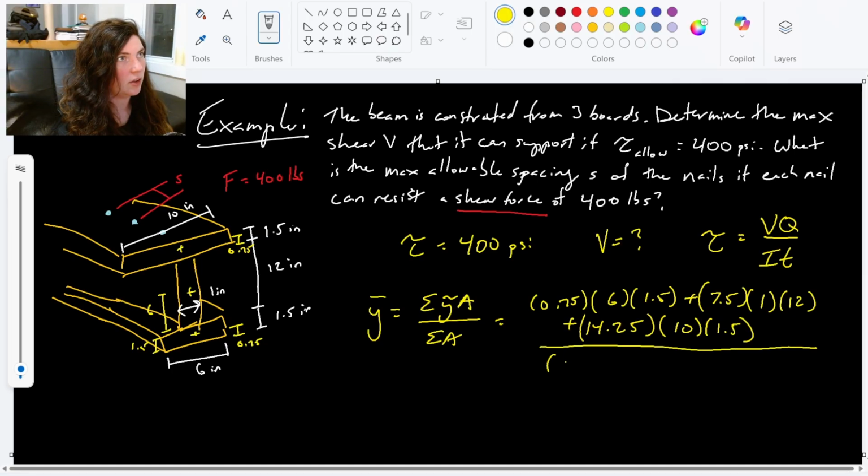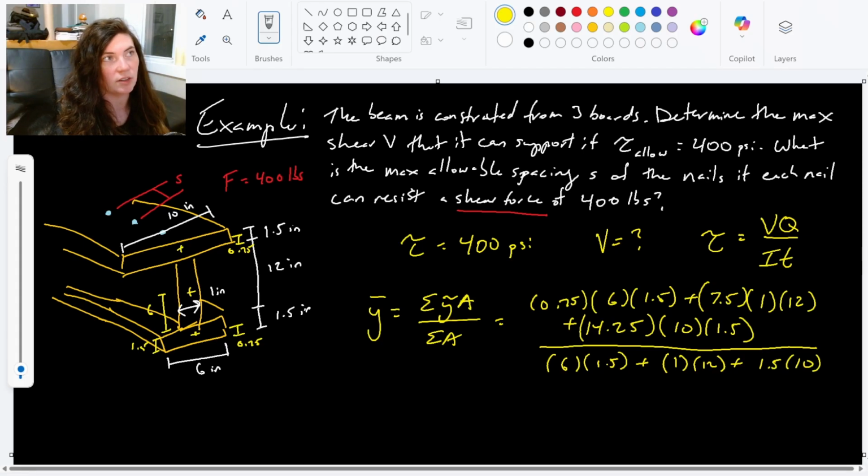Divide all of that by all the areas. 6 times 1.5 plus our center is 1 times 12 plus the top board, 1.5 times 10. And all of that is in inches, so it's going to work out to give our centroid location in inches. And that gives me a centroid of y bar equals 8.625. And that's up from the bottom.